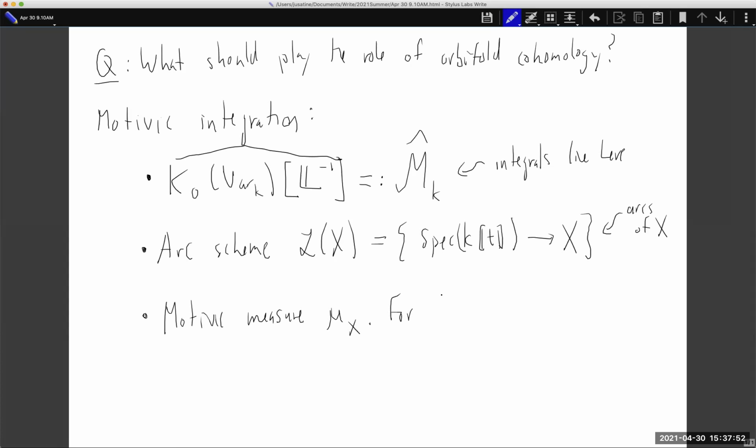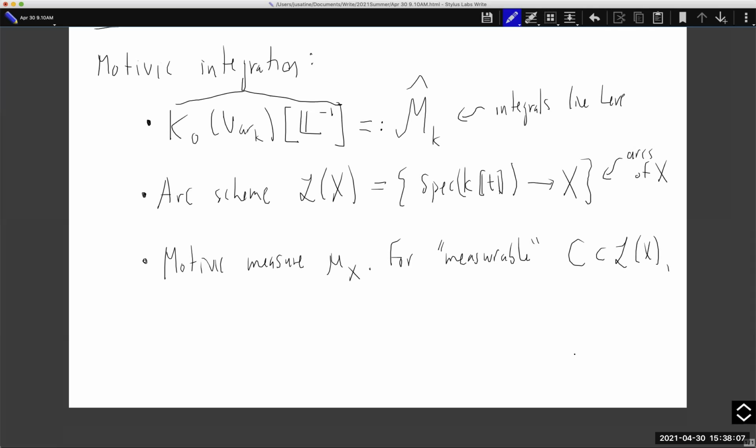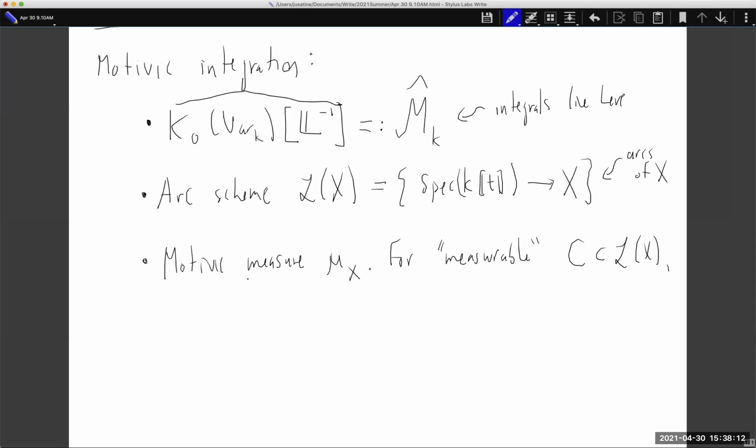Well, for certain subsets of arcs, which I'll call the measurable subsets, so I've given you some subset of arcs that satisfies some condition to be worth calling measurable, this motivic measure assigns some element of this modified Grothendieck ring to this measurable subset. So there's some volume of this measurable subset, but that volume isn't a number. It's an element of this modified Grothendieck ring.